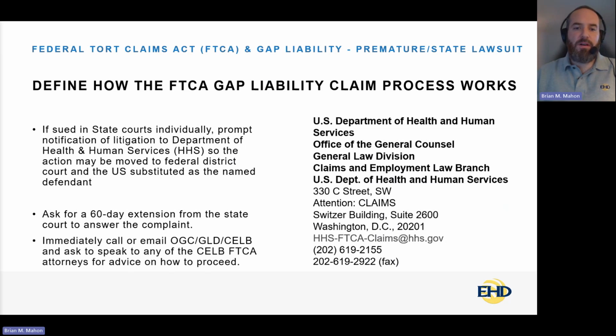All you have to do, or really the recommended way to go about that, is ask for a 60-day extension, call the U.S. Department of Health and Human Services, let them know immediately, or you can even email them and ask to speak to one of their attorneys to really get that flipped to the federal courts.